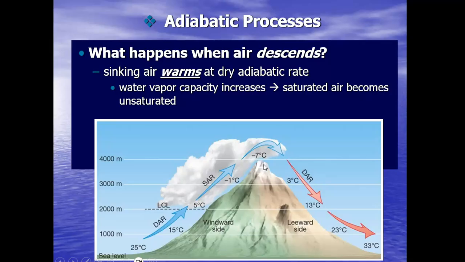So we switch back again to our dry adiabatic rate of 10 degrees Celsius per 1,000 meters. Here we were at negative 7, we add 10 to get to 3 degrees Celsius. We add another 10 for the next 1,000 meters we descend, and we're at 13 degrees Celsius, 23 degrees Celsius, 33 degrees Celsius.